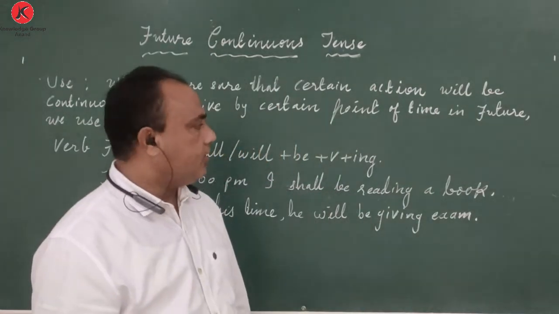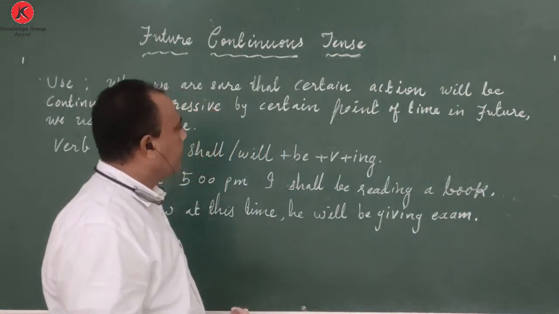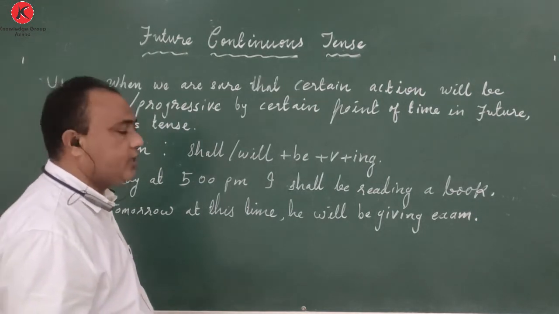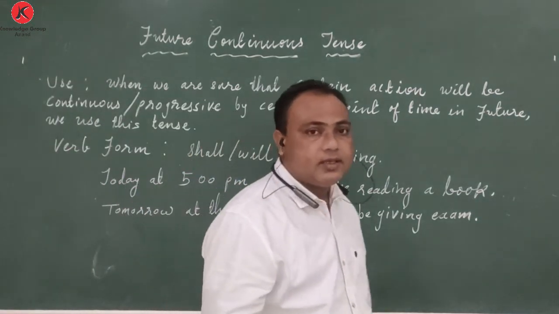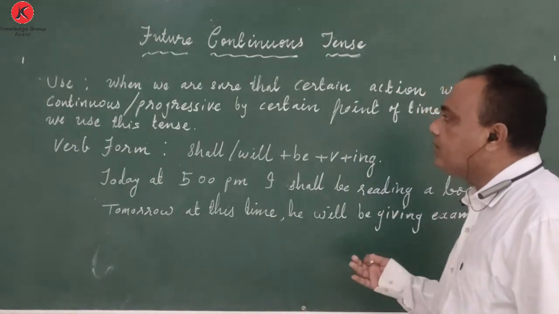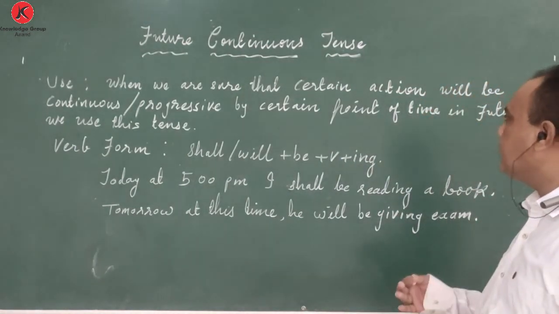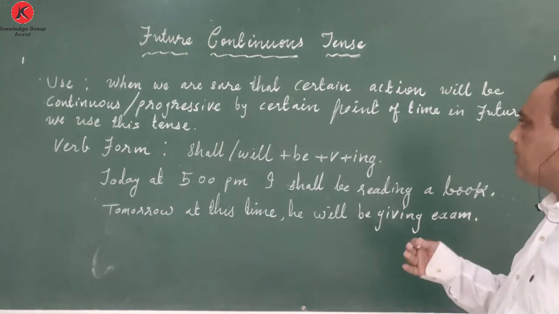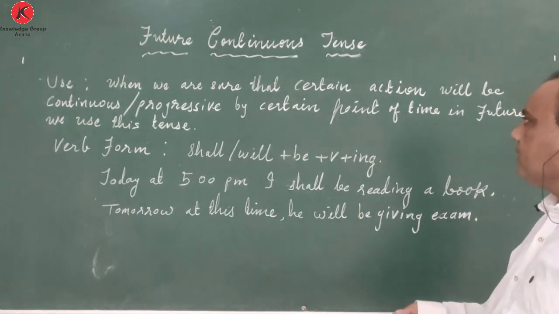So, dear friends, what we discussed is about future continuous tense. Let's have a quick revision. We had discussed the use when we are sure that a certain action will be continuous or progressive by a certain point of time.